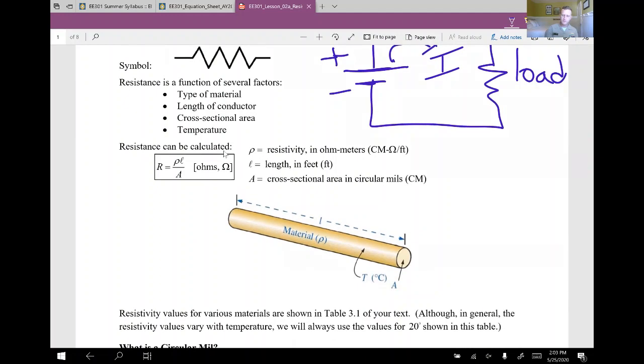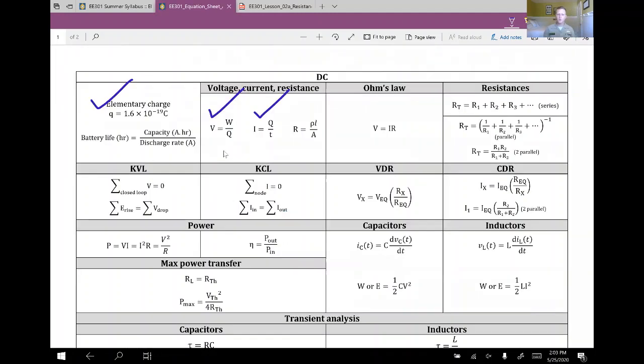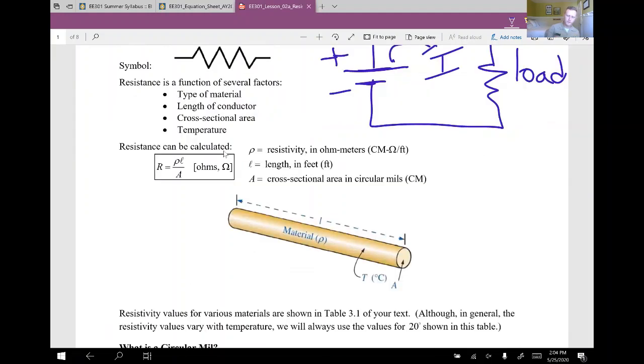So this resistance can be measured with this formula right here, which is also on the equation sheet. If I look at the equation sheet, we've talked about charge, voltage, and current, and here is the resistivity, or the resistance. Resistivity is rho, and it is a material constant.